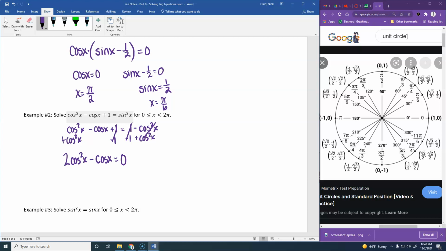Alright, so what should we do now? Factor out a cosine is the best thing. Because if we divide by the cosine, then we're going to lose an answer. We cannot divide by 2 right here unless we divide this by 2 and this by 2 and this by 2.